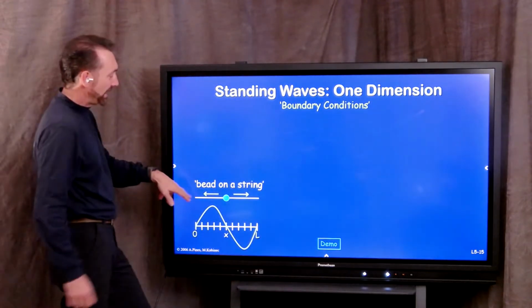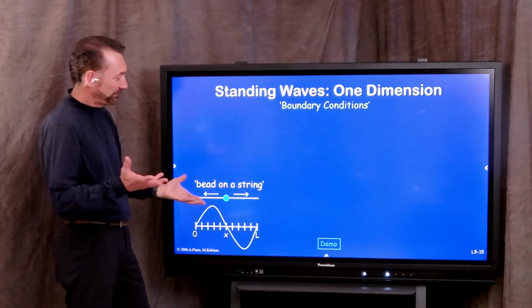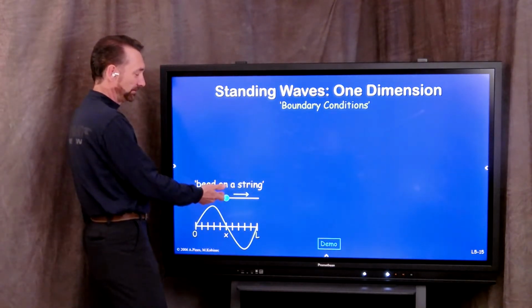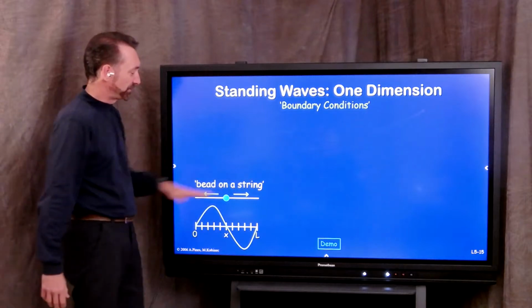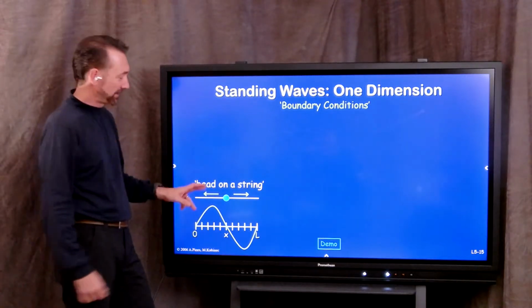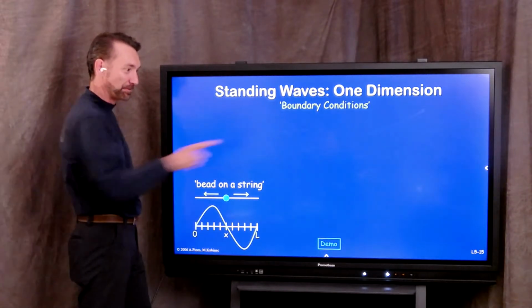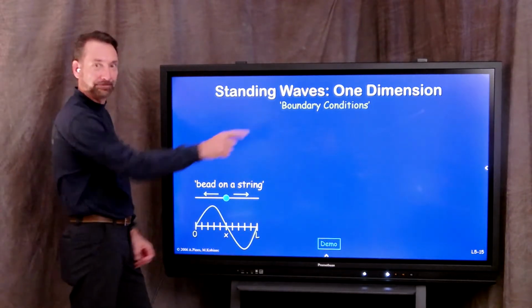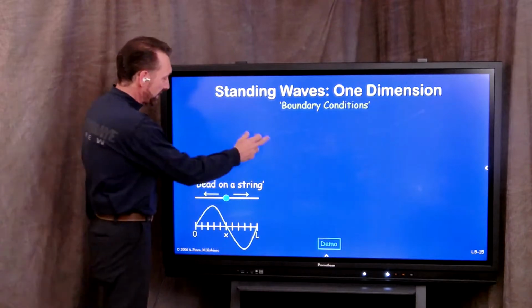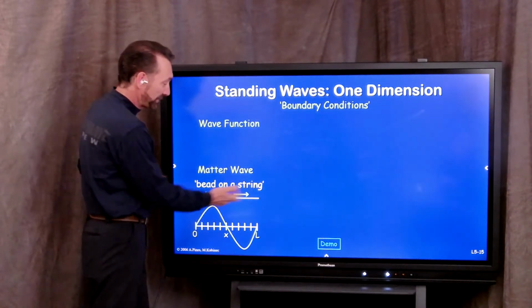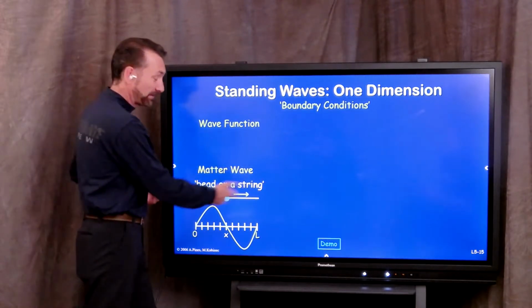So we can imagine a system for a minute. Let's say there's a bead, some particle, and it's moving back and forth on a string, and the string's tightly bound, so it stays essentially in one dimension, going back and forth along the string. If it's just going back and forth on the string, it's behaving like a particle.